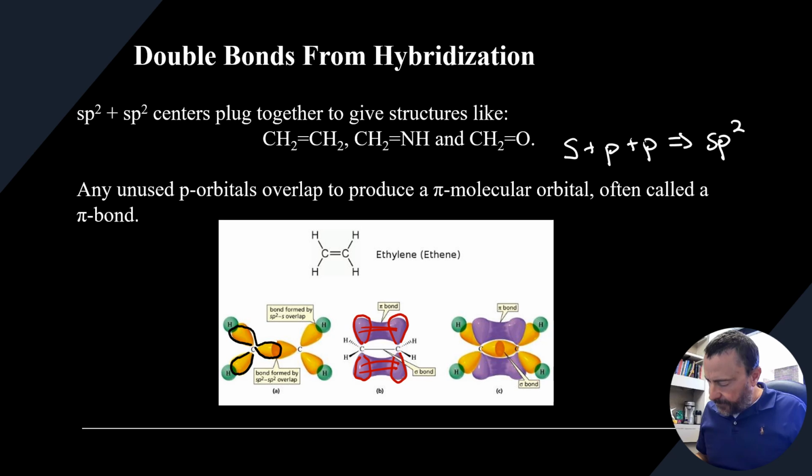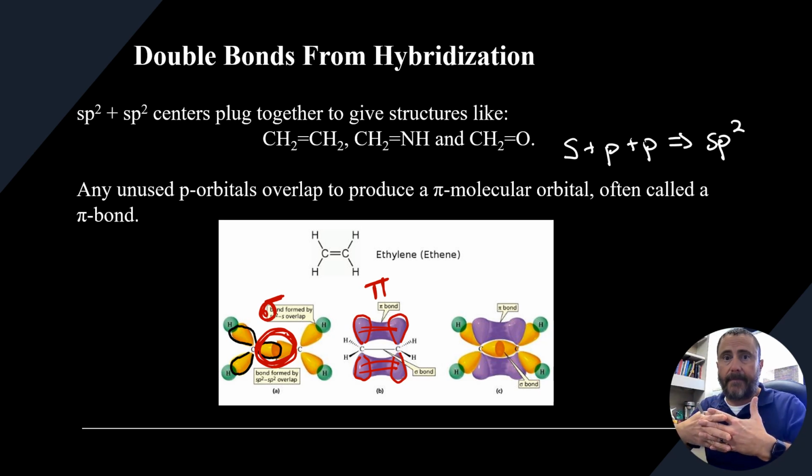So first off, there is the direct overlap here. That's our sigma bond. And then we've got this side-by-side overlap there. That's our second bond. That's our pi bond.